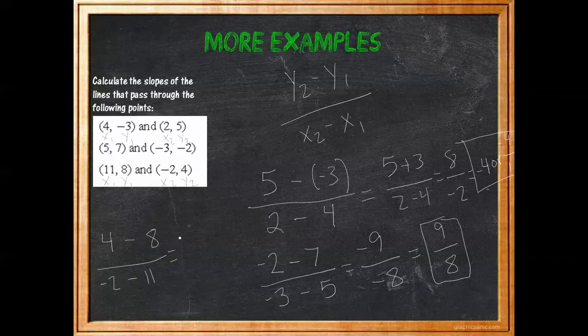Okay, 4 minus 8 is negative 4. Negative 2 minus 11 is negative 13. Again, we can't reduce 4 over 13 anymore, but it's the same thing where we have a negative over a negative, which is actually positive. So 4 over 13 is our answer.